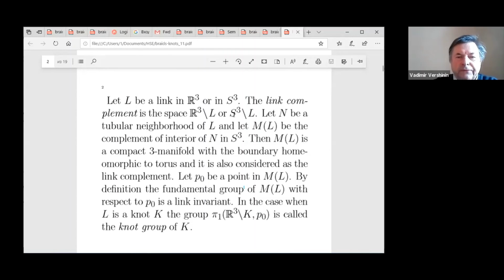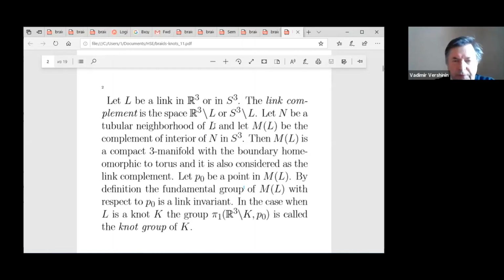If you want to have a compact space, then if you just take R3 minus L, it will not be compact. But you can take S3, which is the one-point compactification of R3. This is a compact 3-manifold, and you can take a tubular neighborhood.